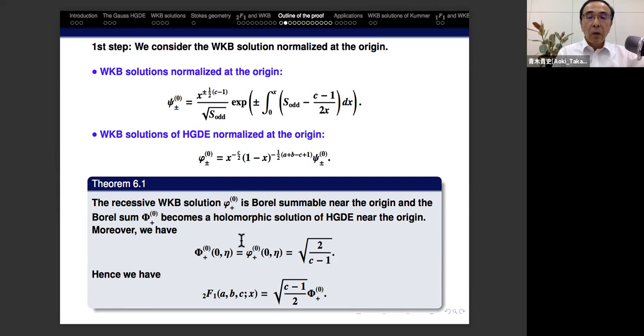So it is a constant multiple of the hypergeometric function, and the constant can be computed by evaluating at the origin, and we have such a relation.